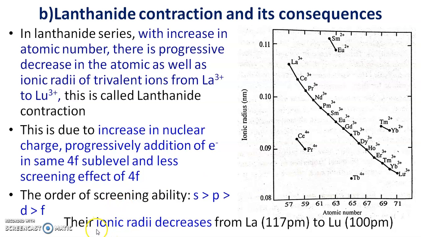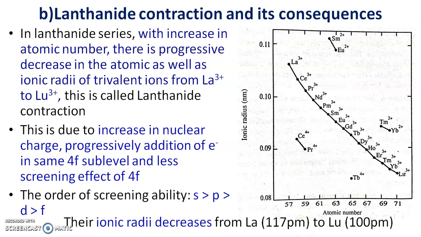Now it is observed that ionic radii decrease from lanthanum to lutetium. For lanthanum it is 117 picometer, and for lutetium the size is 100 picometer. So approximately there is a decrease of 17 picometer in size.